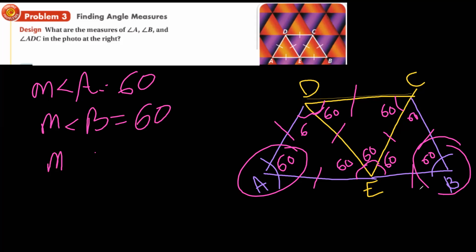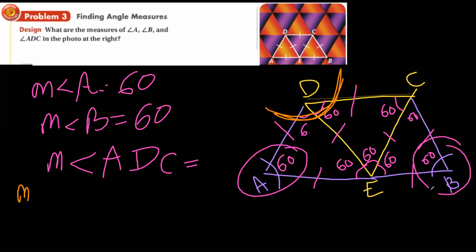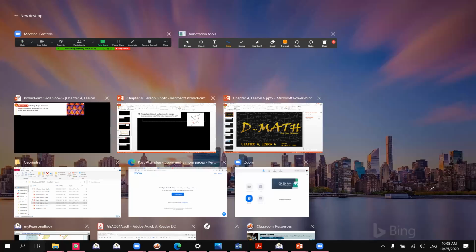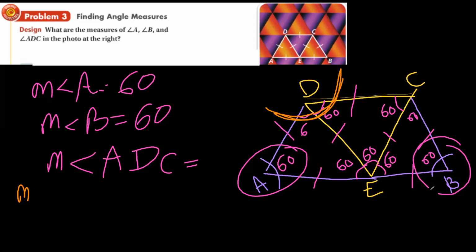Now, what is the measurement of the angle ADC? This one, the big one. Now, the measurement of the angle ADC is equal to the measurement of the angle ADE and EDC.